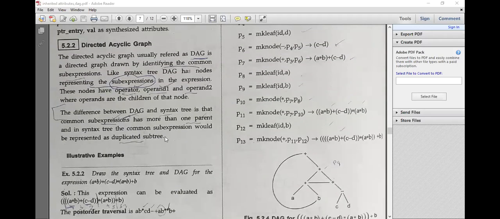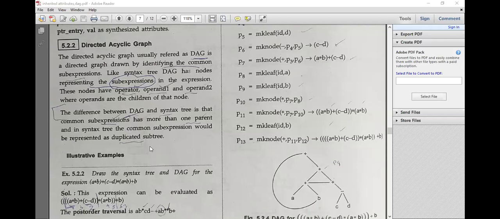The difference between DAG and syntax tree that they have given is that the common sub-expressions have more than one parent. Because in the DAG there is more than one parent. That means after multiplying, after subtracting, we keep the answers in one or the other parent. So therefore, a common sub-expression has more than one parent.